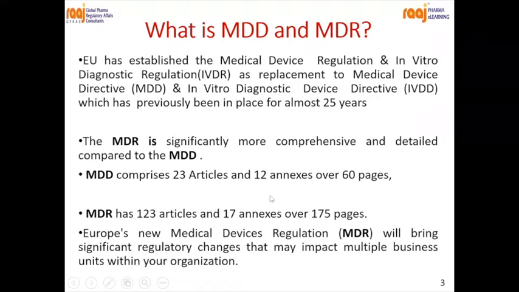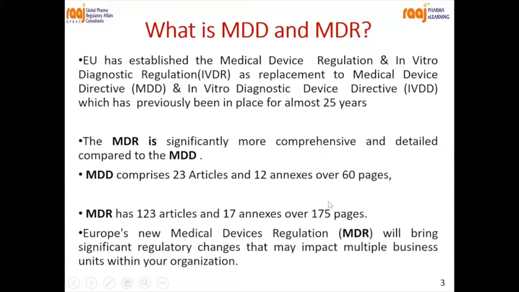The previous regulation, which is 25 years old and which we have been using in the medical device industry, is called MDD. It comprised 23 articles and 12 annexes over about 60 pages. Whereas the new MDR, which was published recently, has 123 articles and 17 annexes, and comprises 175 pages.